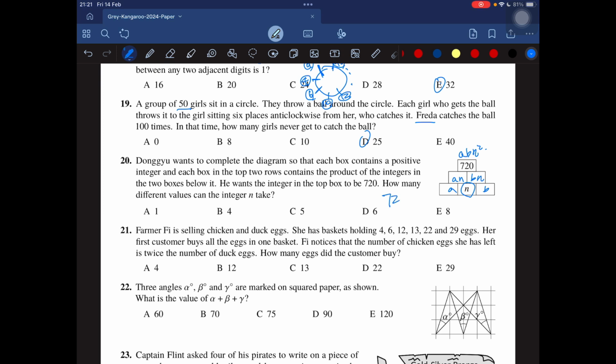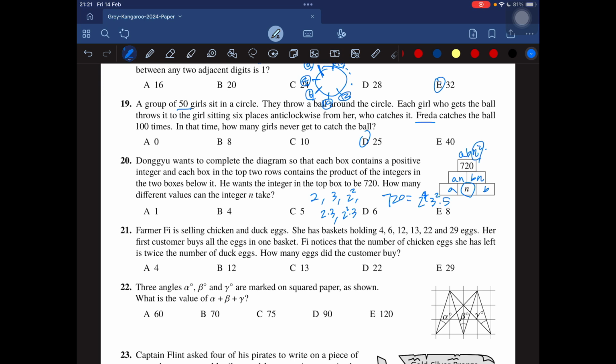So 720 is 8, 9, 10. For example, like this. So n can be 2, n can be 3, n can be 2 squared, n can be 2 times 3, n can be 2 squared times 3.